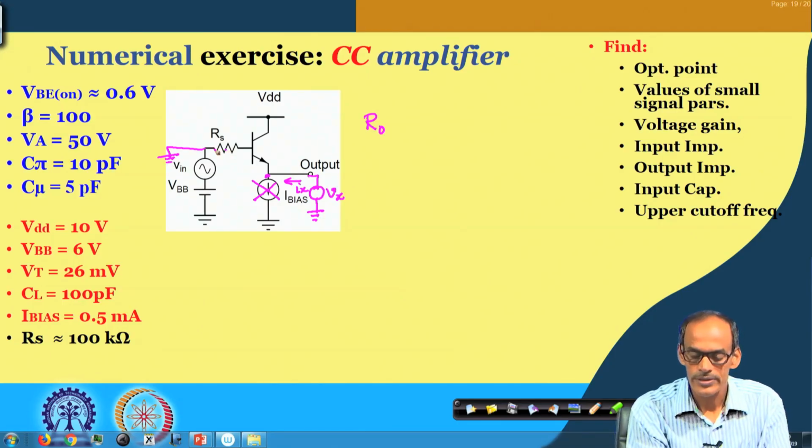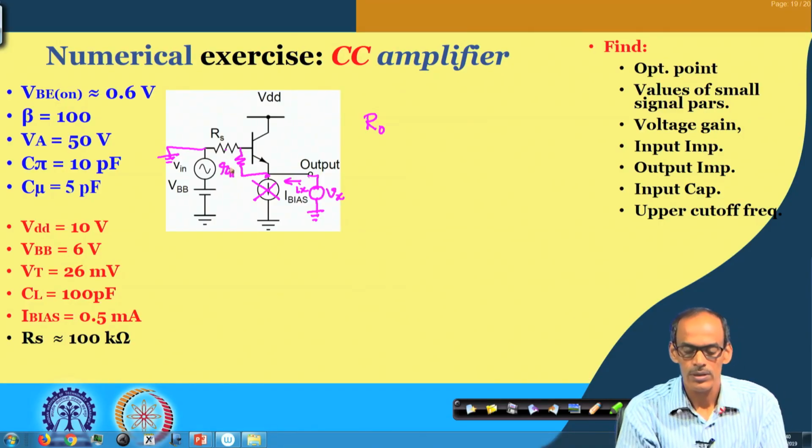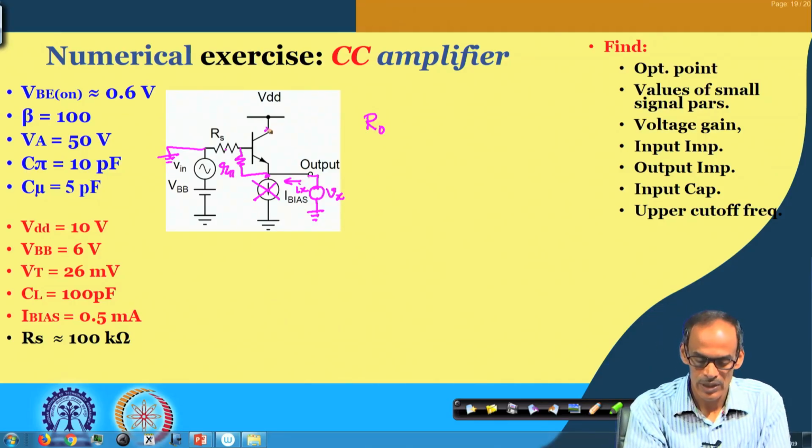So, we do have Rs, and this Rs comes in series with R pi. If I try to sketch the small signal equivalent circuit here, we do have the gm part and the Ro part here.